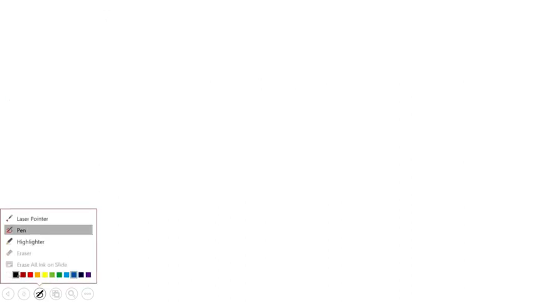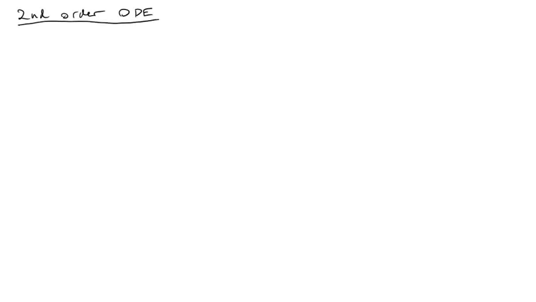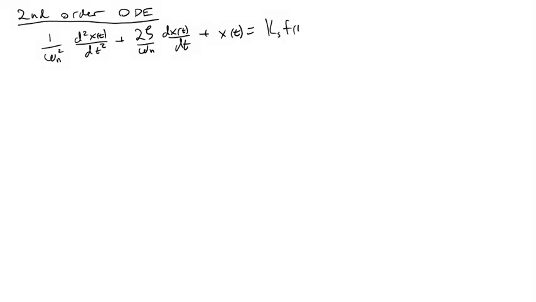For a second order ODE, what we have is a little more complicated. We have a second order equation of the form 1 over omega n squared d squared x dt squared, so second derivative of x, plus 2 zeta over omega n dx of t dt plus x of t equals ks f of t.